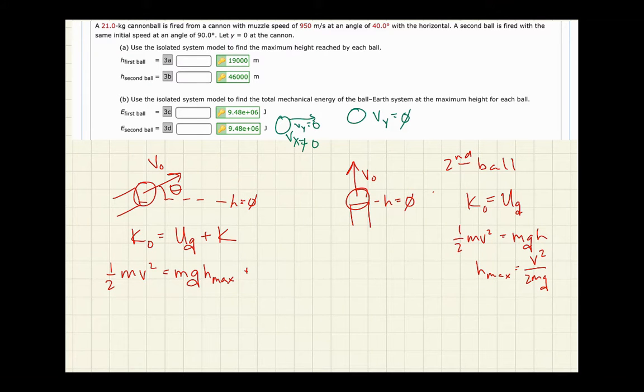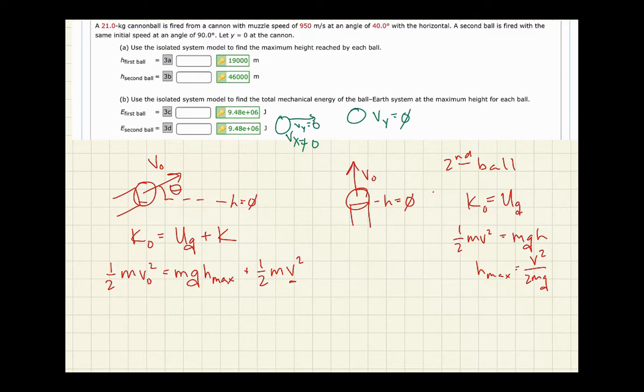And the kinetic energy at the end is 1/2 m v squared for the end. Now, I know my initial velocity and I know my mass, although the mass cancels in this equation. What I don't know here is what the final velocity of the ball is going to be when it's launched at this angle. That I have to go back to projectile motion for.